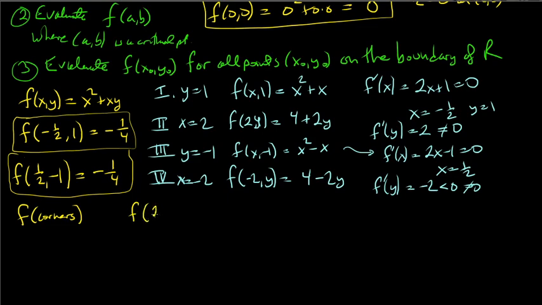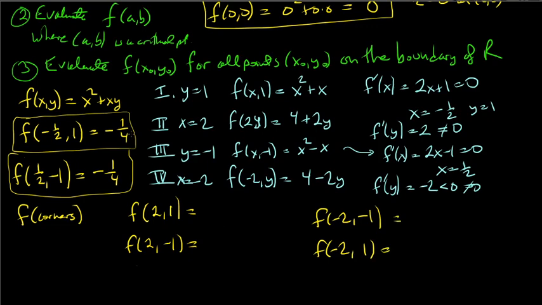So remember the corners: 2, 1. Going clockwise, 2, 1, we get to 2, negative 1. And then negative 2, negative 1. Either way, as long as you have all 4 of them. And then negative 2, 1.